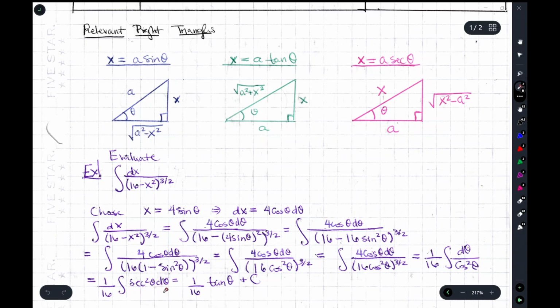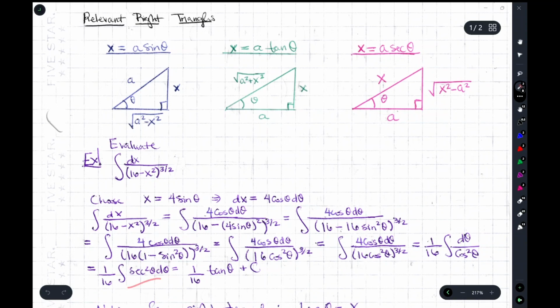And once you factor out that 16, you have a 1 minus sine squared term, which you could write as a cosine squared. Simplifying, we get d theta over cosine theta d theta. And that's secant squared. And we know that the derivative of tan theta is secant squared. And so just from knowing the antiderivative there, you can compute that integral.